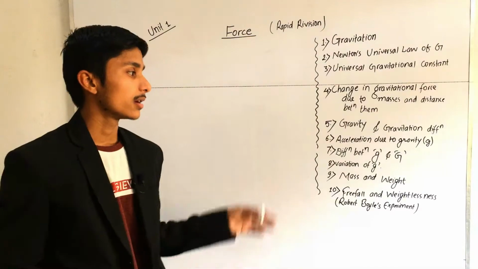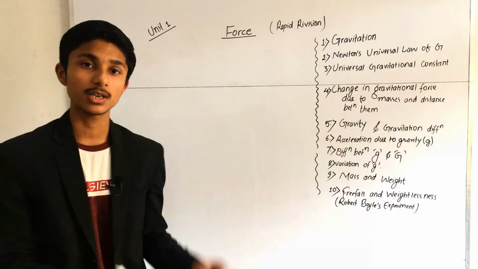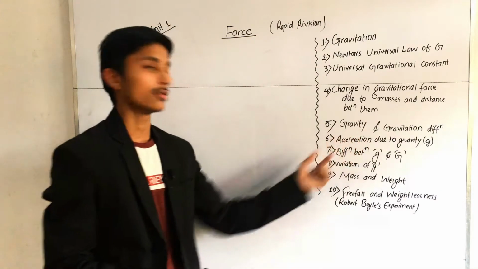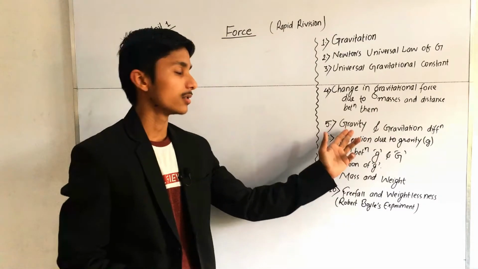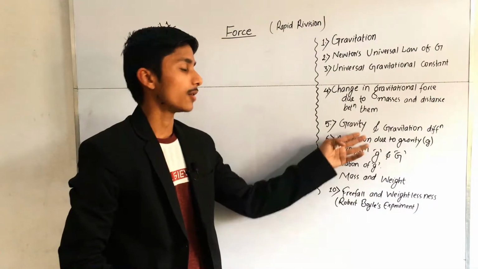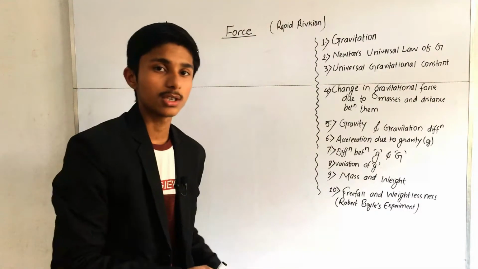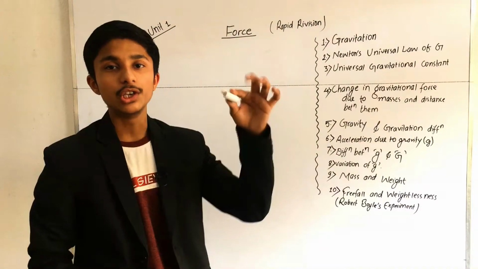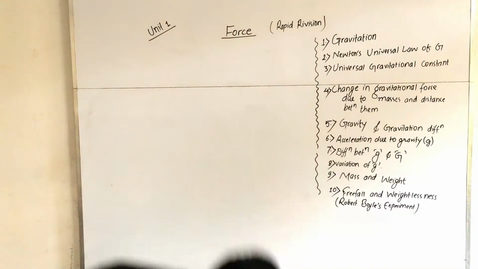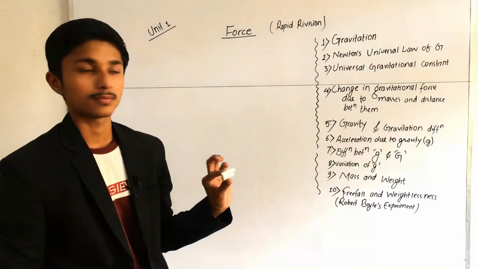Similarly, when we lift any object, then it falls down. It falls down due to the force that is gravity. Gravity means what? It is the force of attraction, the force with which heavenly bodies attract any other bodies towards the center. I am leaving this marker and it falls down. It means a force is attracting this body.